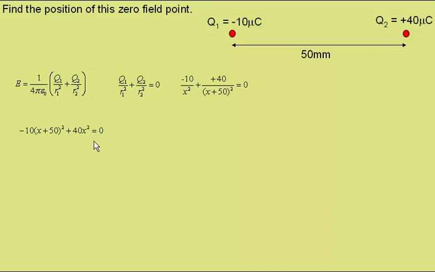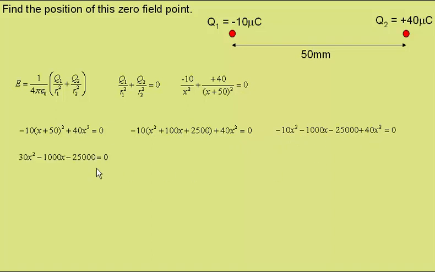We can rearrange to get this, then expanding out these brackets gives this expression, which we can now simplify to this. Simplifying again, we get this, and dividing throughout by 10 gives this expression.